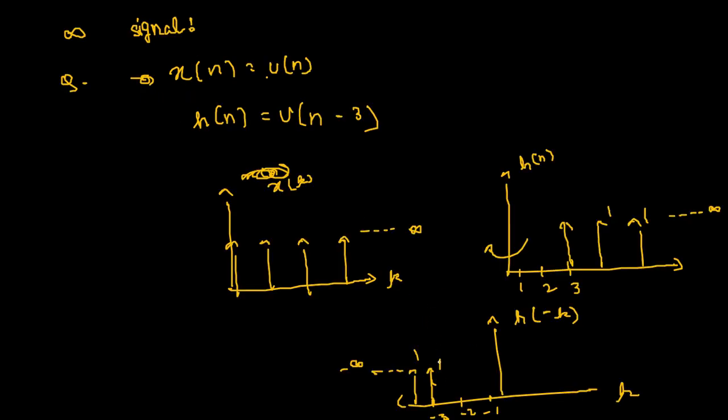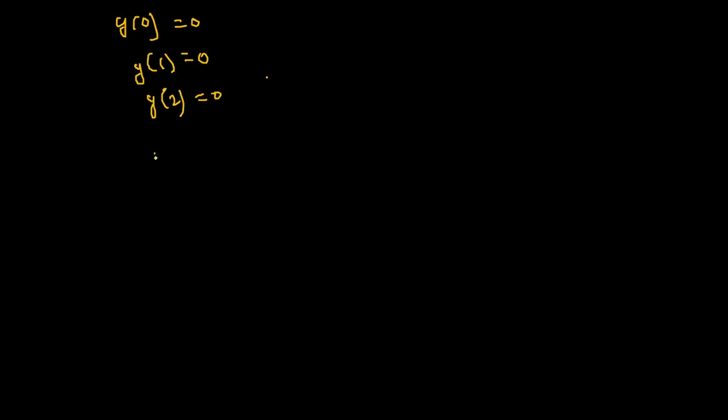But when we get to y of 3, that is h of 3 minus k, it has been shifted by 3 units. So now at 0, we have the common value that is equal to 1. So y of 3 is equal to 1 at 0 alone. Now when I shift it by 4 units, I have the value of 1 from 0 to 1.